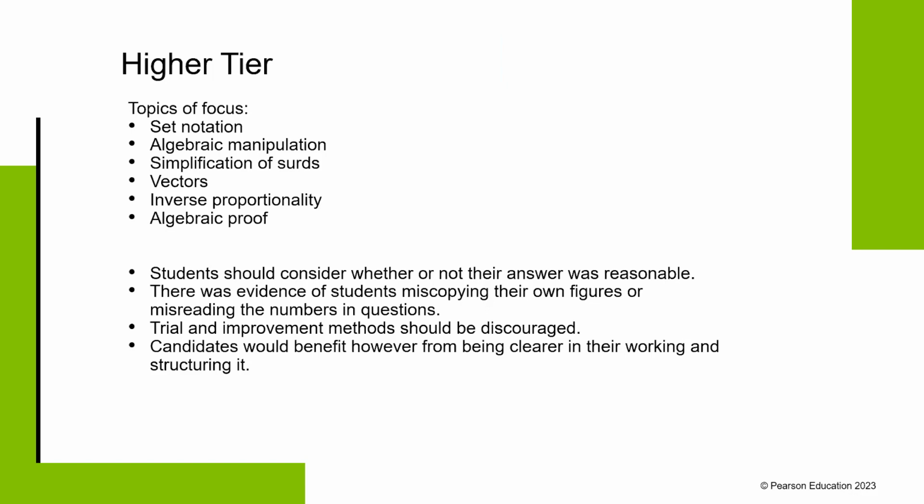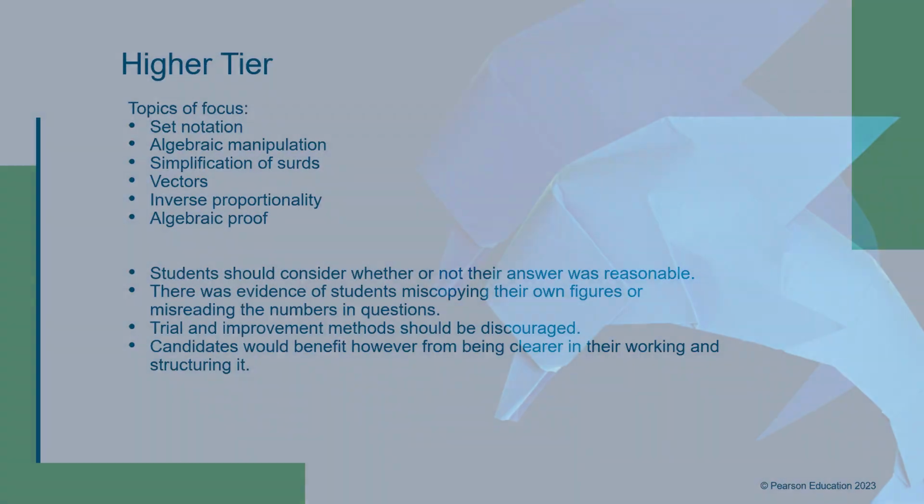So it really does eat into students' valuable time as they're working through the paper. So discouraging that is a rule of thumb, really. And then candidates just being really clear in their working and their structuring, as we would be saying to them all the time anyway.